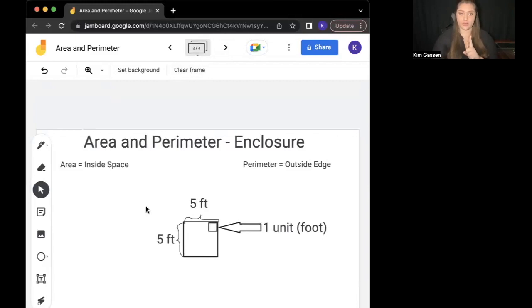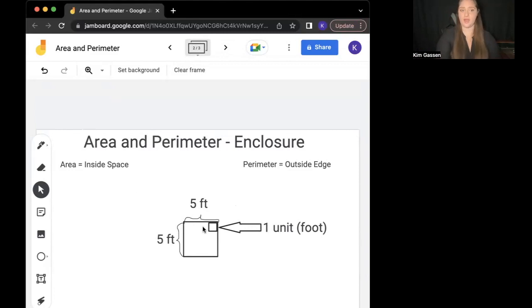One enclosure at my zoo, one side is 5 feet long, and the other side is also 5 feet long. So what shape is this enclosure? It's a square. Correct. It is a square.